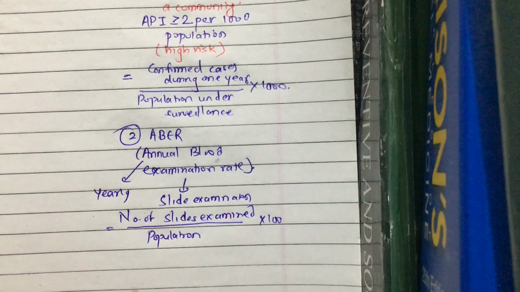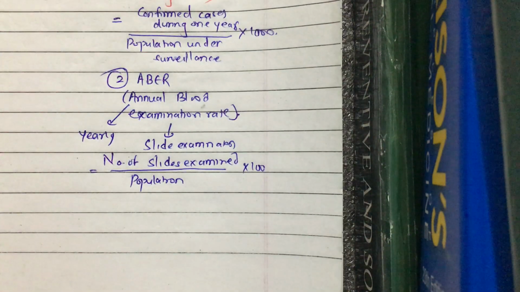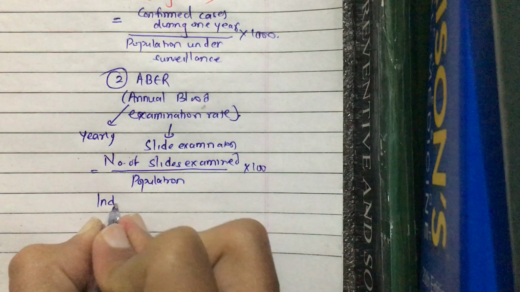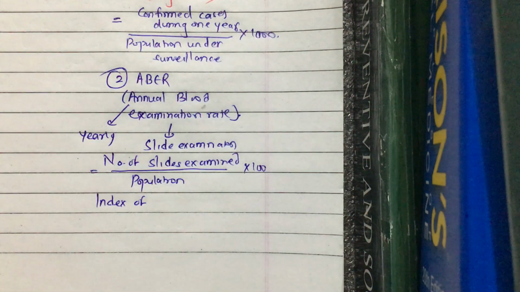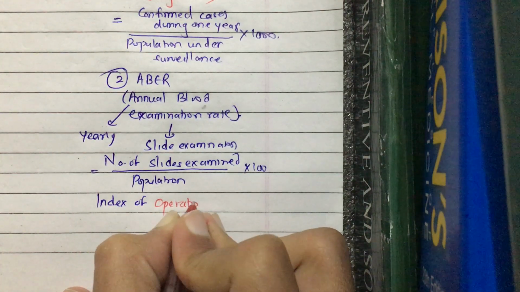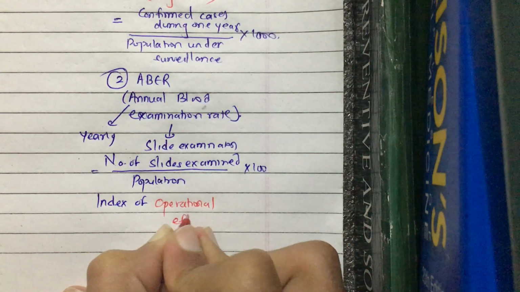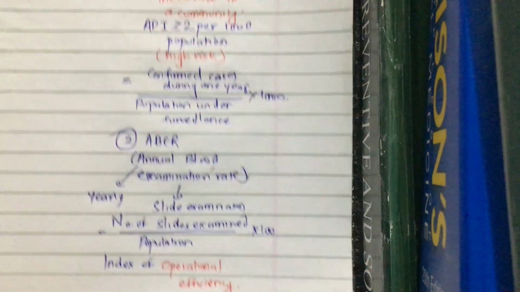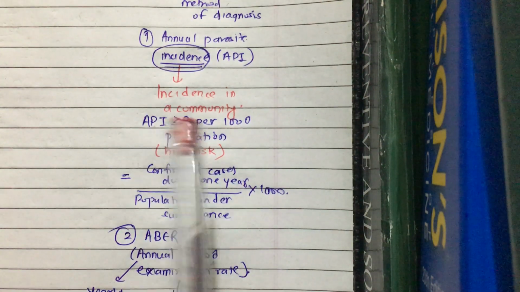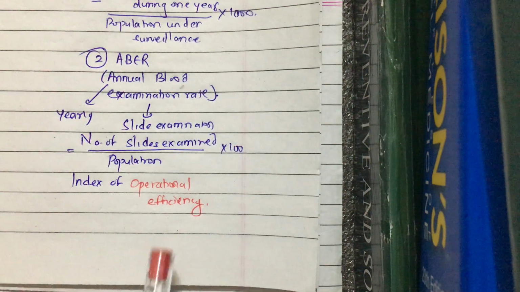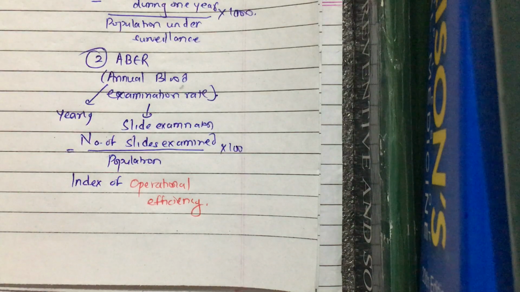This is the annual blood examination rate, and it is an index of operational efficiency. So annual parasite incidence denotes the incidence in the community, whereas the annual blood examination rate denotes the operational efficiency in our community.